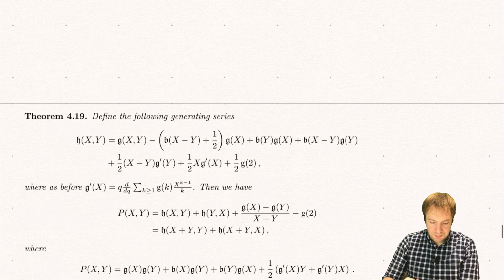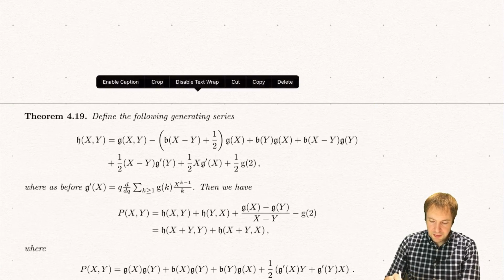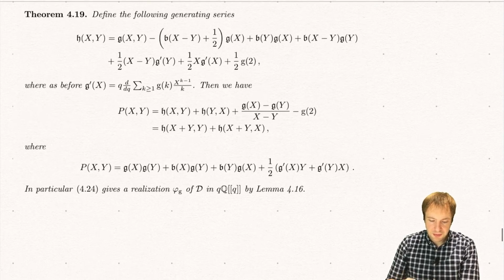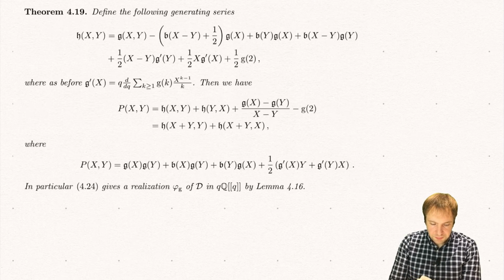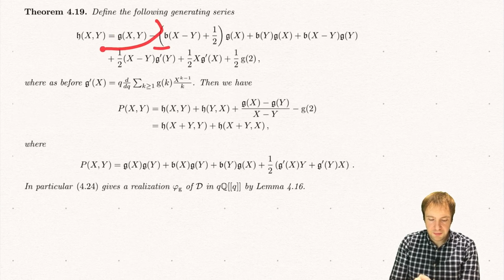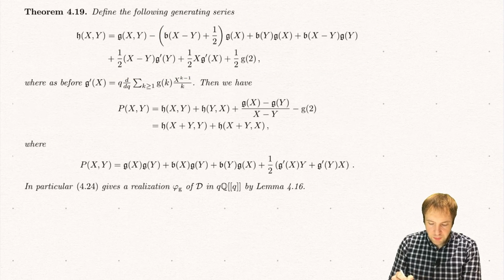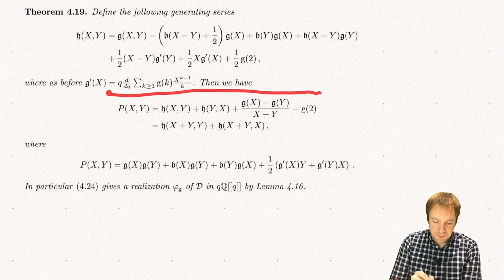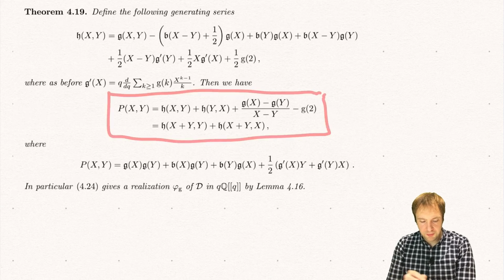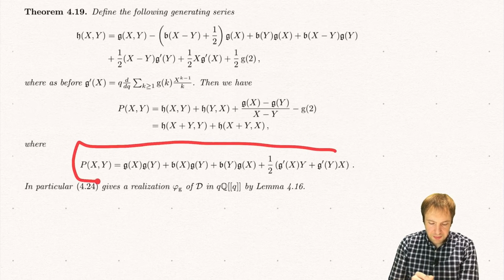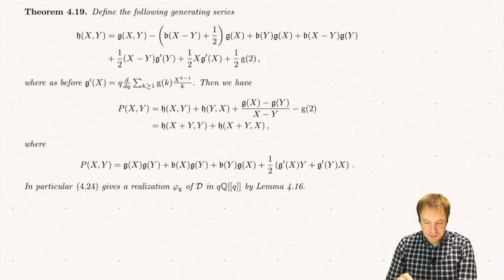So the statement is that if we define, so this is now the Z, if we take this G in depth 2 plus these correction terms, then we see that we have this equation here, where this P is given by this here.